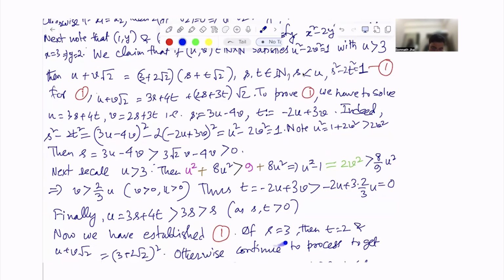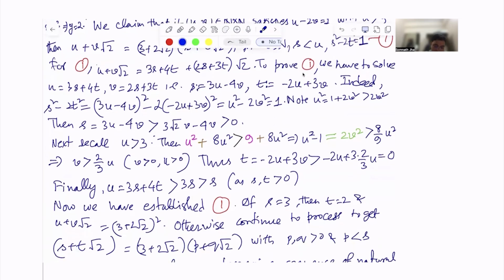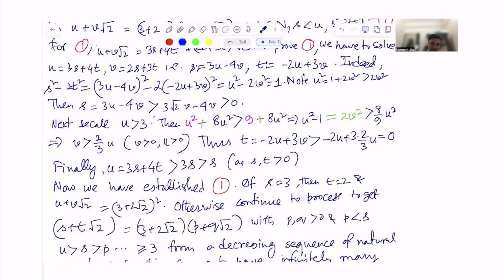So if s is 3, then t has to be equal to 2, and u plus v root 2 is 3 plus 2 root 2 square. If not, then s is greater than 3, right? So then you write again s plus t root 2 as p plus q root 2 with p and q greater than 0.